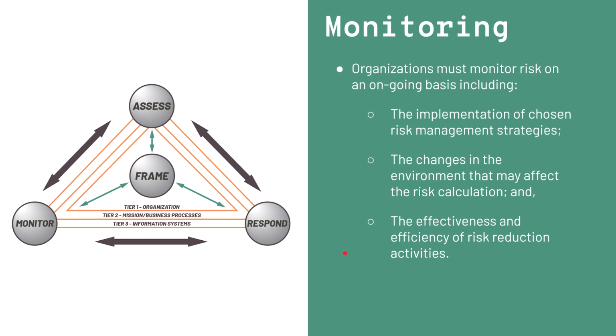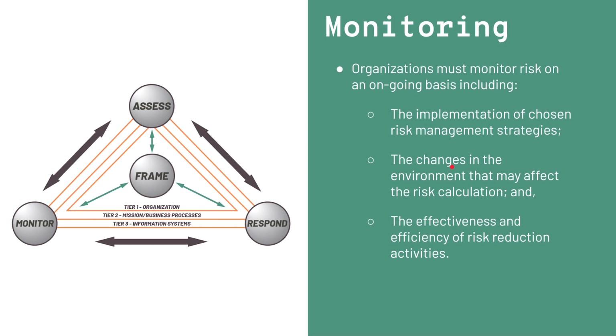Last part is monitoring. As we said before, organization risk management is not a one-time effort. It has to be done continuously in an iterative process. You have to see whether you're actually implementing properly the risk management strategies you have indicated.